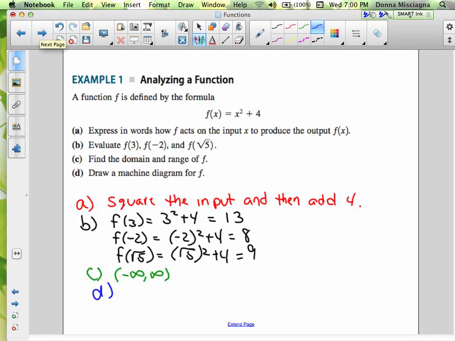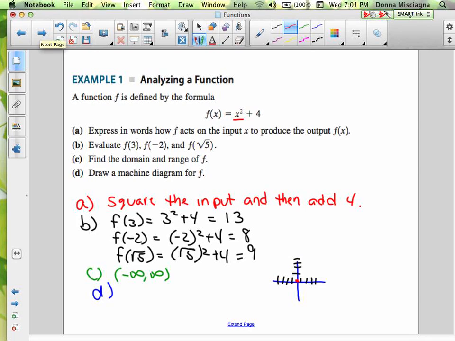And I'm just going to do a little sketch over here. All right, so we have a parabola, and I'll just do a small sketch. All right, so if I just look at this part, f of x equals x squared, this is a parent function, right?